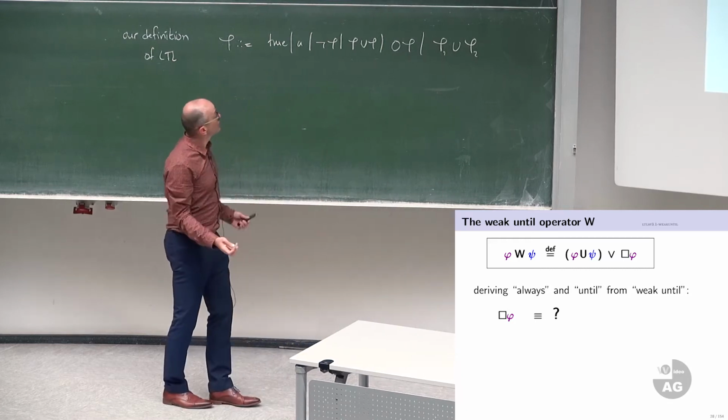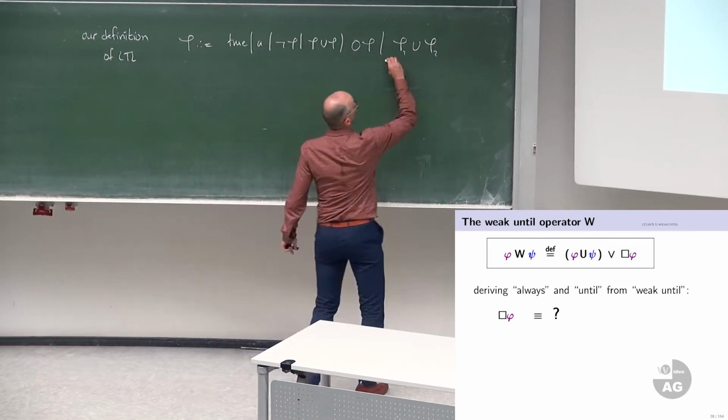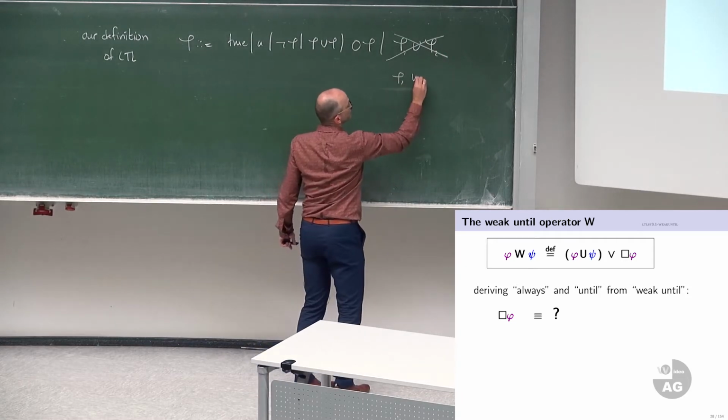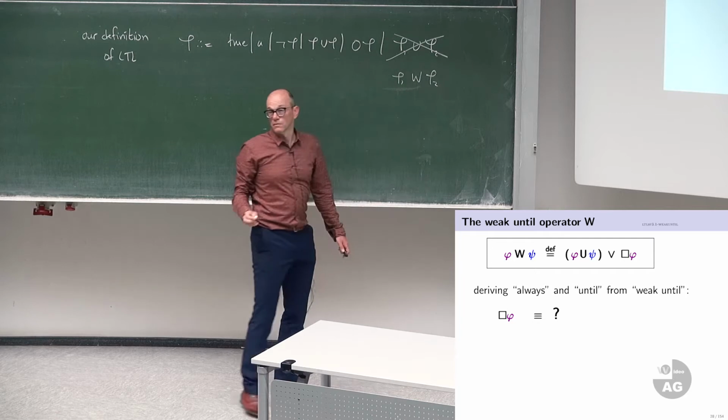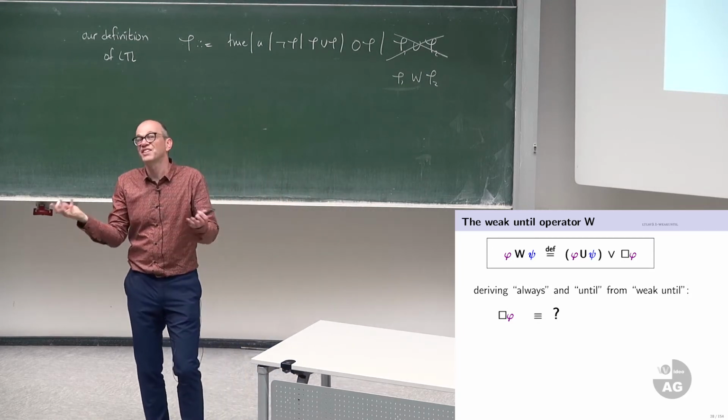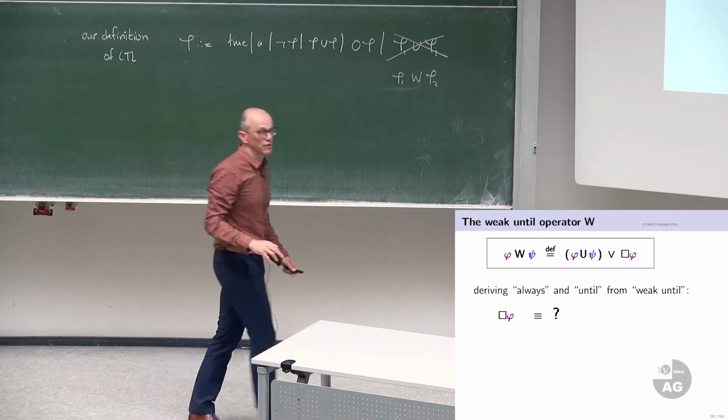What I'm going to show you is that actually you can also define this in the following way. You remove this part and you replace it by the weak until. This does not change the expressivity of the logic. It's just another basis, basically, to define the logic LTL.